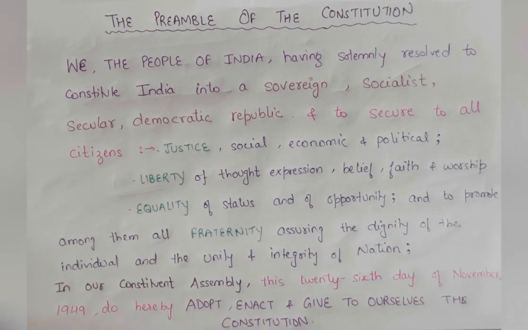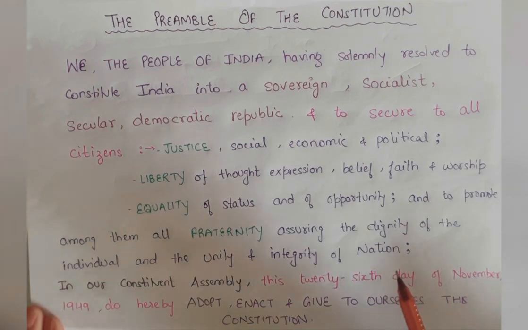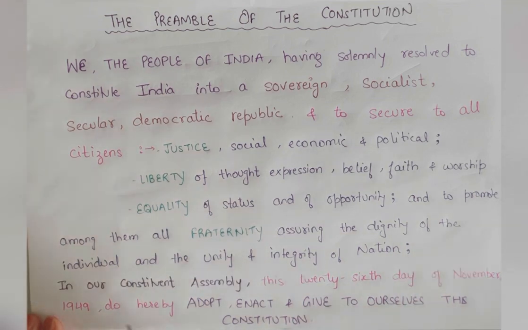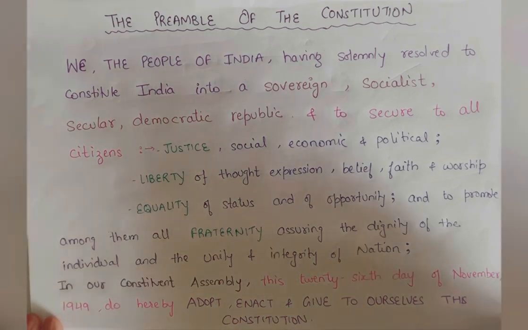We the people of India, having solemnly resolved to constitute India into sovereign, socialist, secular, democratic republic, and to secure to all citizens justice, that is social, economic and political, liberty of thoughts, expression, belief, faith and worship, equality of status and the opportunity, and to promote among them all fraternity, assuring the dignity of the individual and the unity and integrity of nation. In our Constituent Assembly this 26th day of November 1949, do hereby adopt, enact and give to ourselves this Constitution.